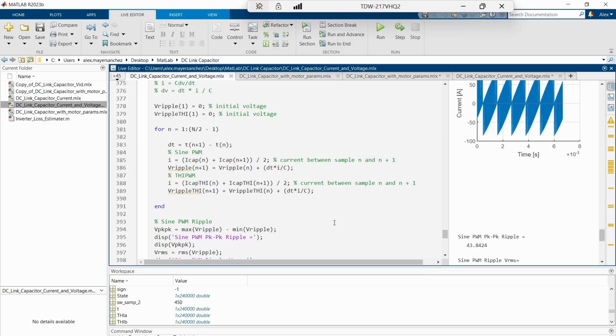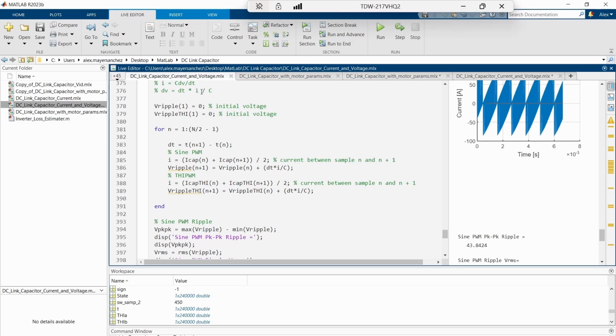And then for sine PWM, we're taking the capacitor current at step n plus the capacitor current at step n plus 1 divided by 2, which I'm saying is the average current between these two discrete steps.